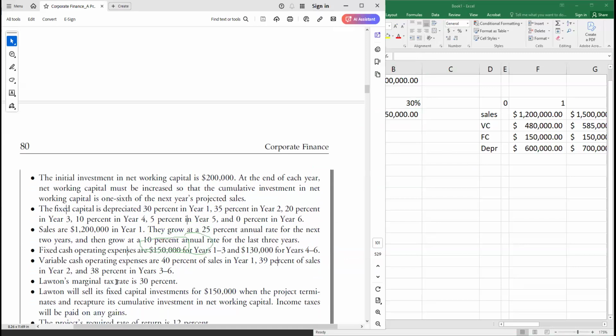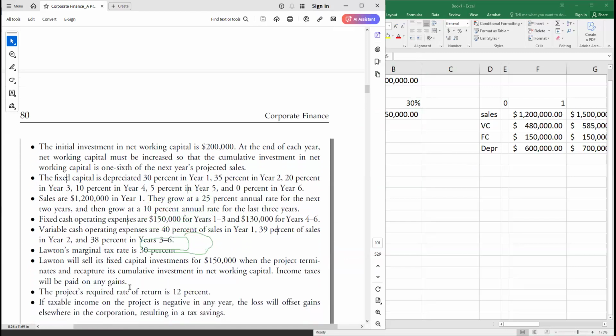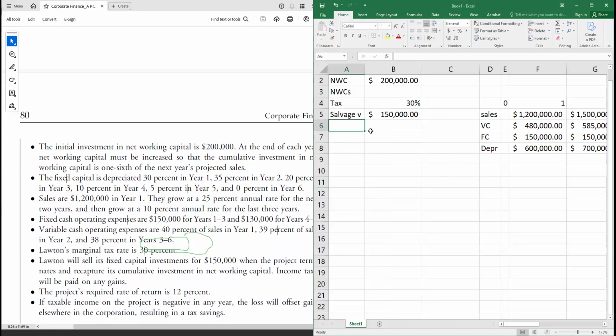Income tax will be paid on any gains, if there is a gain. The project's required rate of return, or discount rate, is 12%.